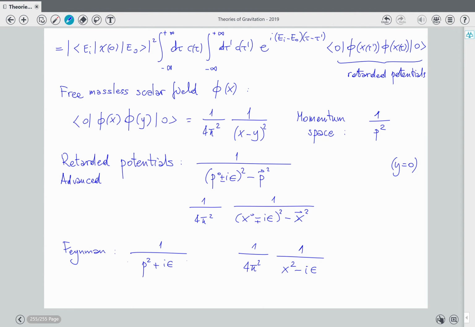So there we have to use the formula for the retarded potentials, and then the integral can be computed.